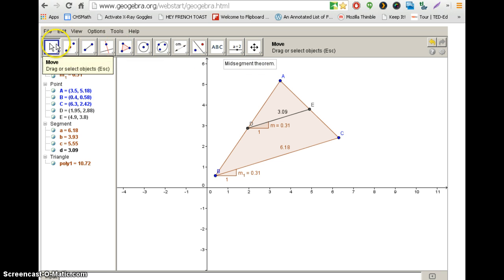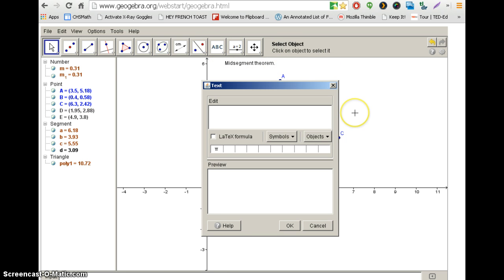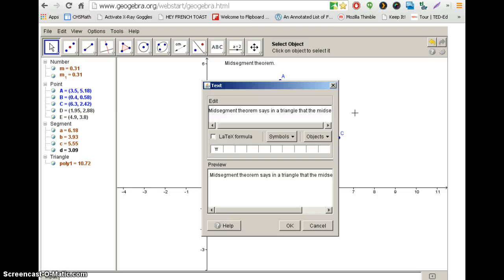Ready? Let's try putting in some more graphics here, some more text. So what we're saying with the mid-segment theorem says, in a triangle, the mid-segment of a triangle has the same slope, or we'll just say is parallel to, and half the measure of the opposite side.